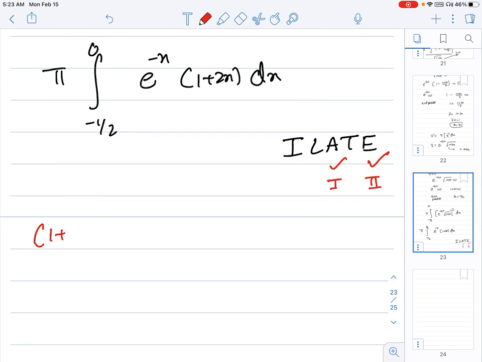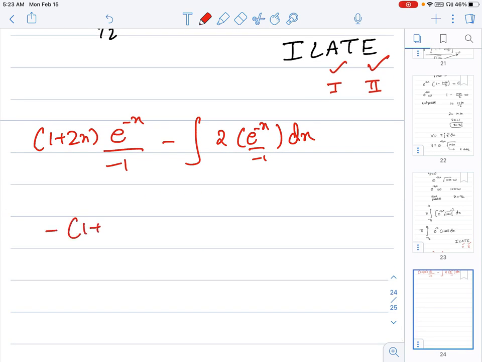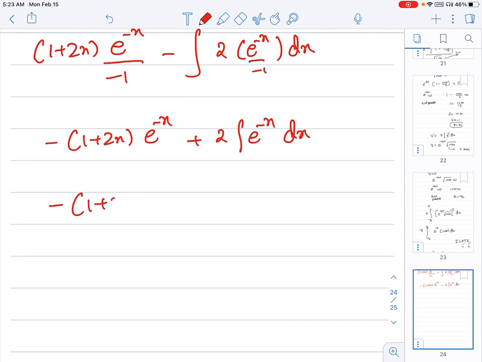So first function as it is, and integral of the second, e power minus x by minus 1, minus integral of the derivative of the first function, which is 2, and e to the power of minus x by minus 1 dx. So it becomes minus 1 plus 2x e power minus x plus 2 integral of e power minus x dx. So minus 1 plus 2x e power minus x plus 2 e power minus x by minus 1.